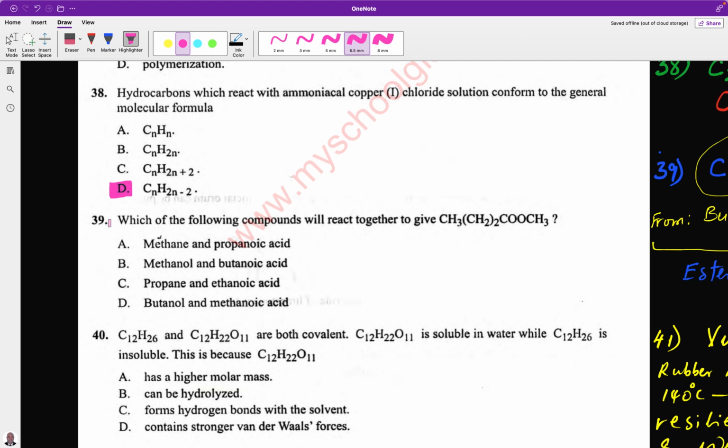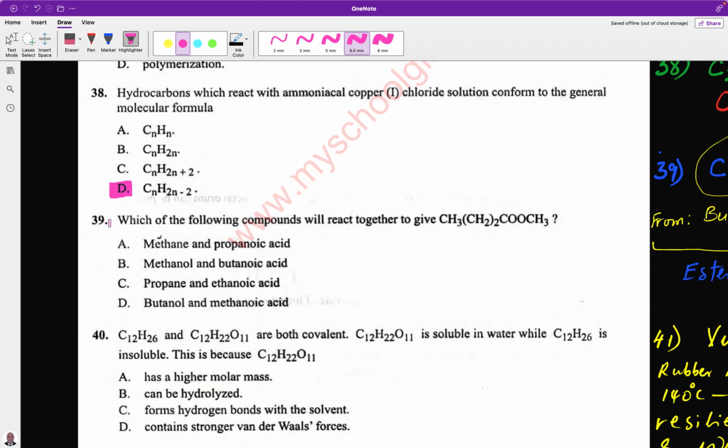Esters are formed when an alcohol reacts with a carboxylic acid. Esters have a fruity smell, a nice perfume-like, sweet smell.